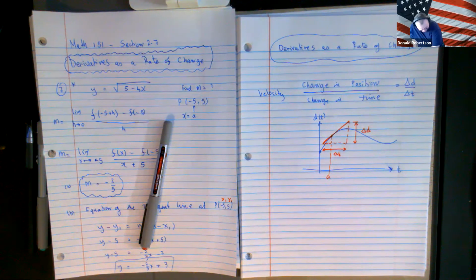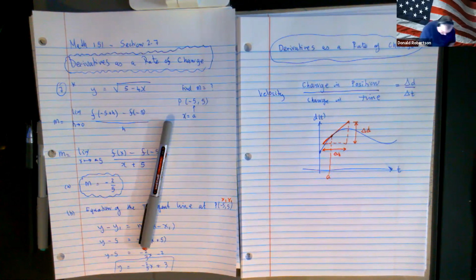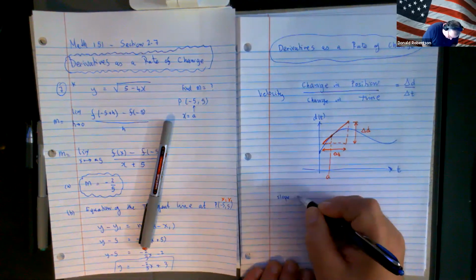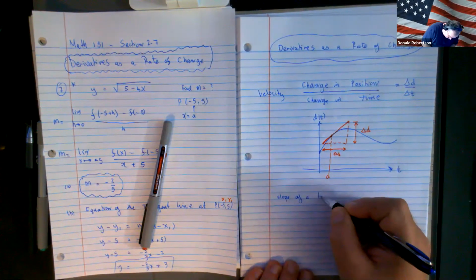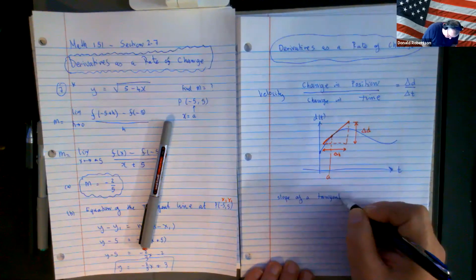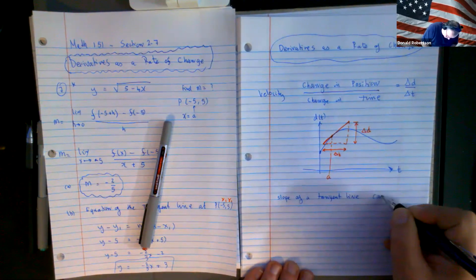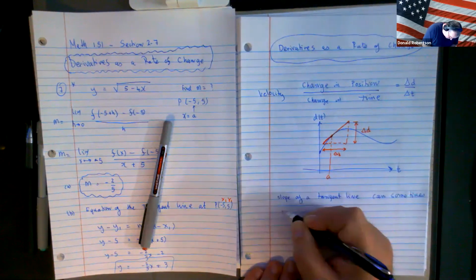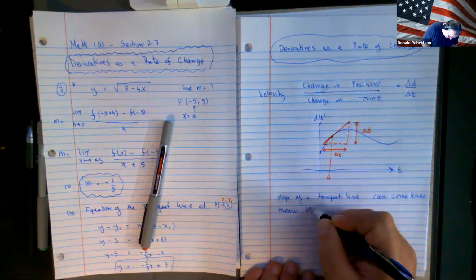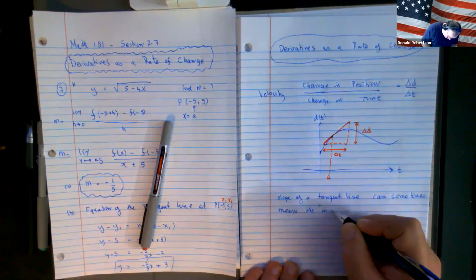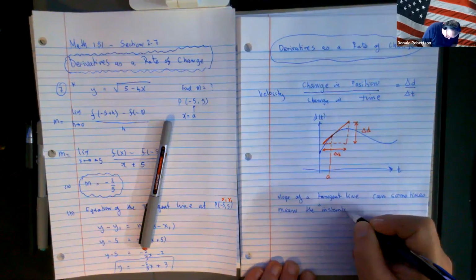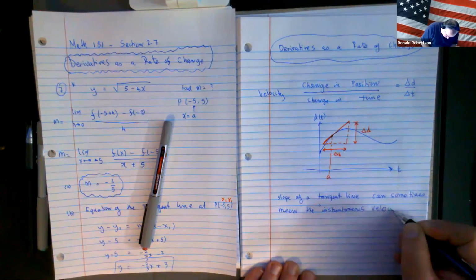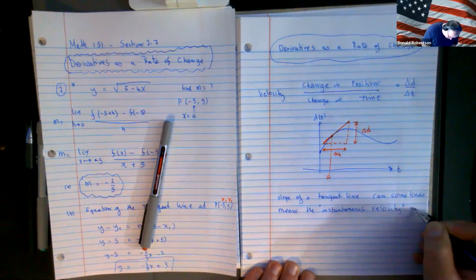So what does that tell us? It tells me this. The slope of a tangent line can sometimes mean the full title, instantaneous velocity, or just velocity for short, of a moving object.